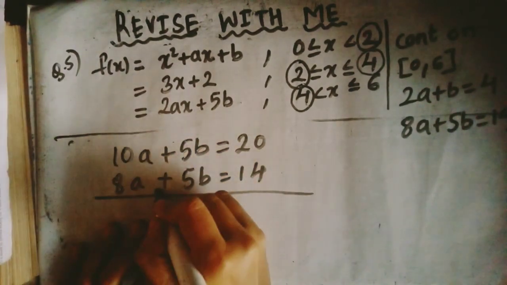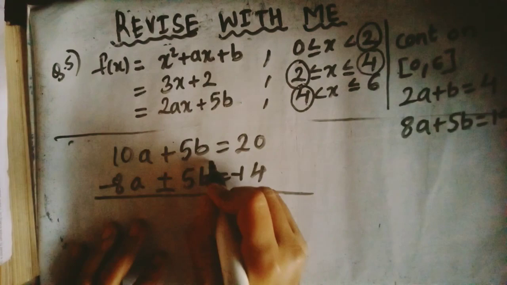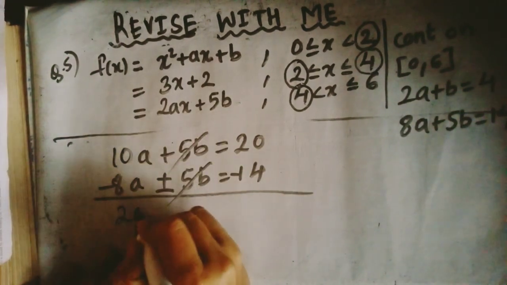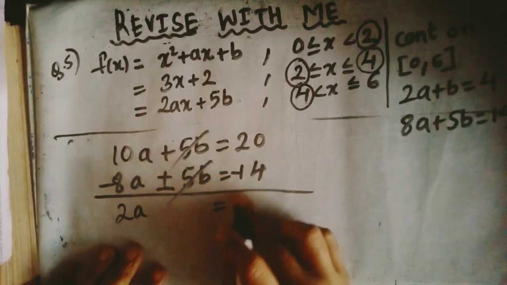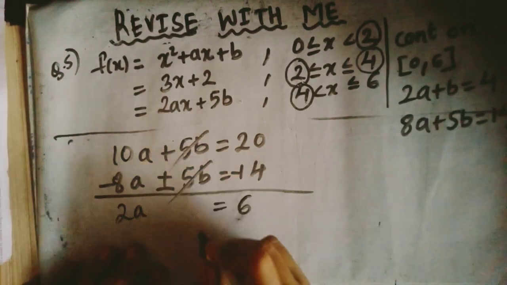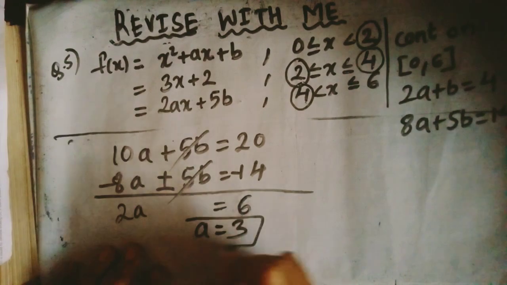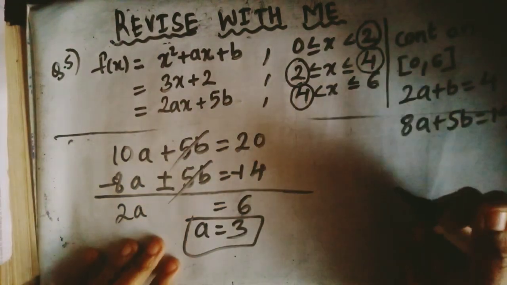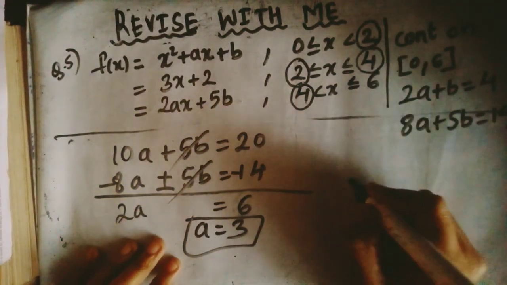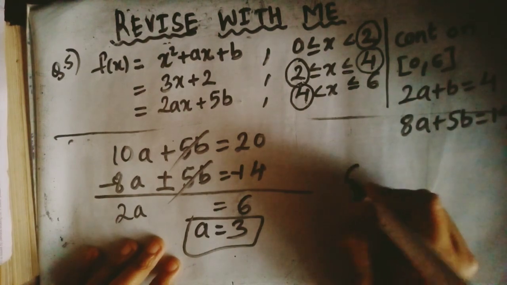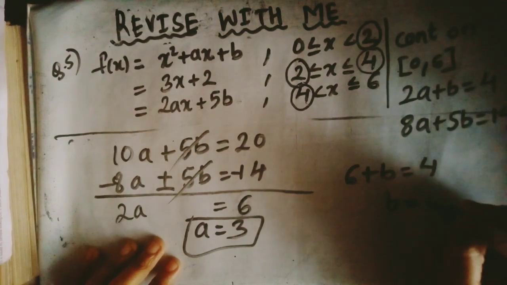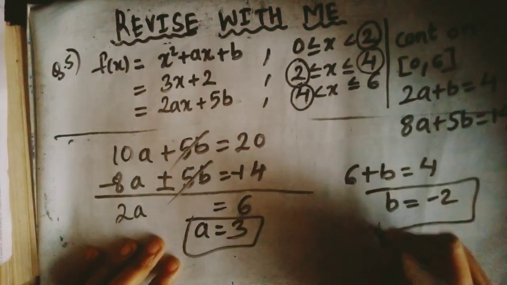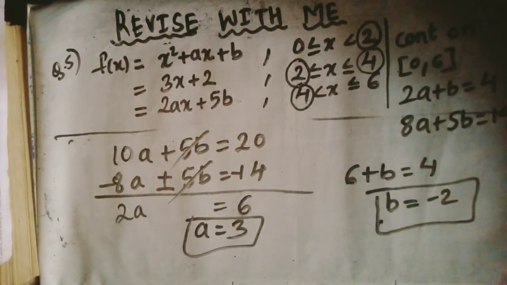So elimination method, subtract. So we'll get 2a equal to 6, so a is 3. Substituting in the first equation, you will get 2 times 3 is 6, 6 plus b equal to 4. So b is equal to 4 minus 6, which is minus 2. Okay, so this is the answer.